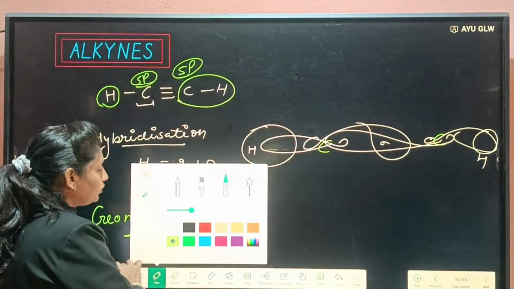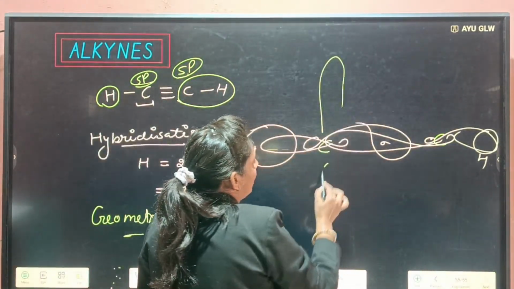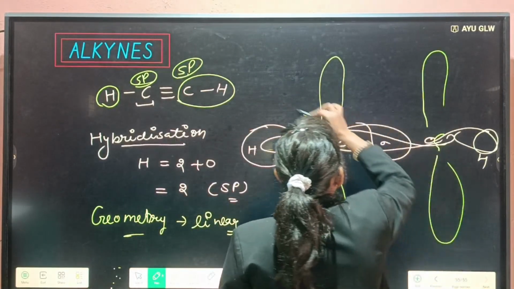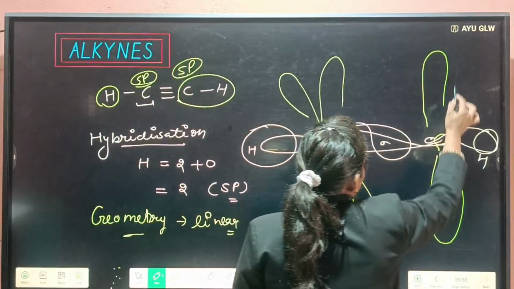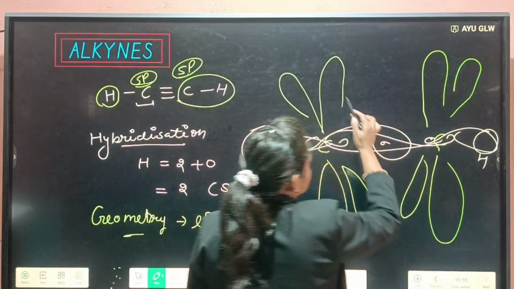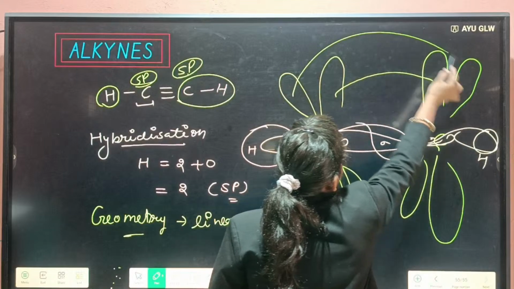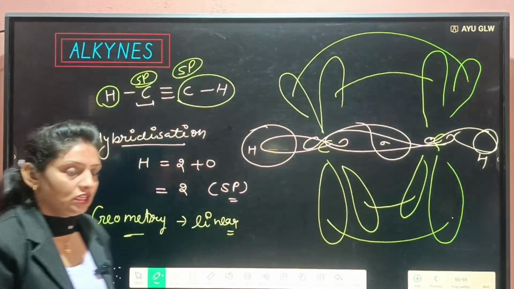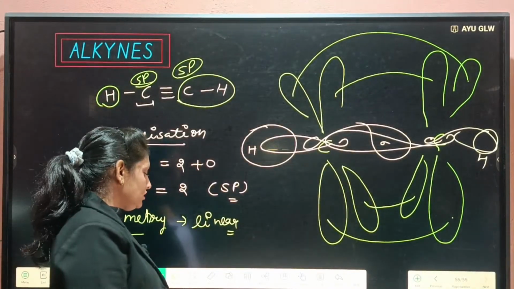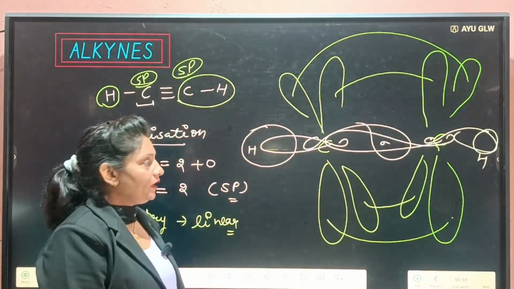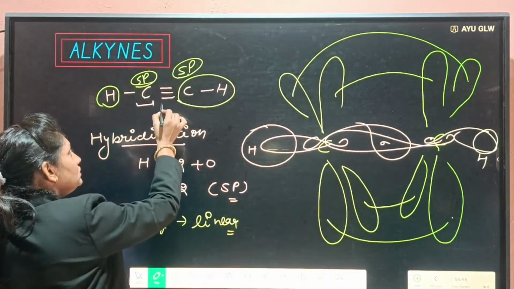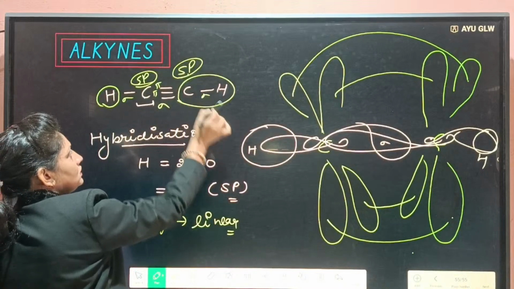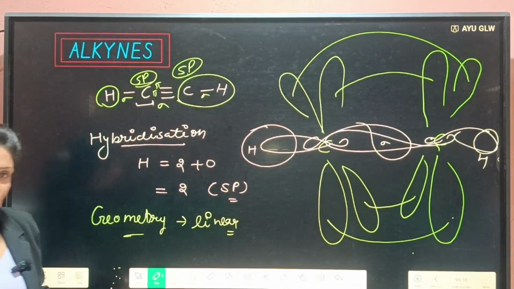Here two pi bonds. Pi bonds mean unhybridized orbitals. So these are making pi bonds. Two pi bonds are there. So this is sigma and these two are pi bonds. Clear or not?